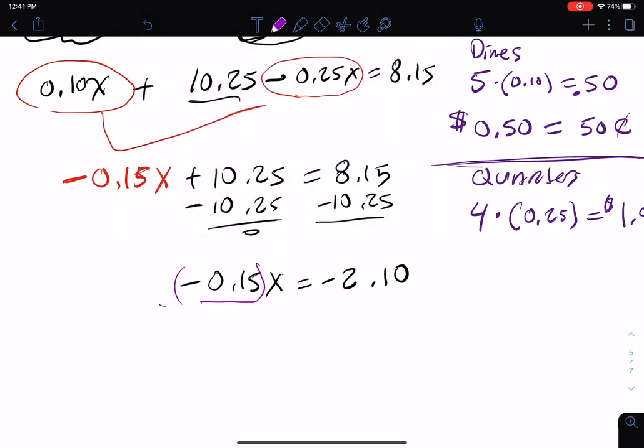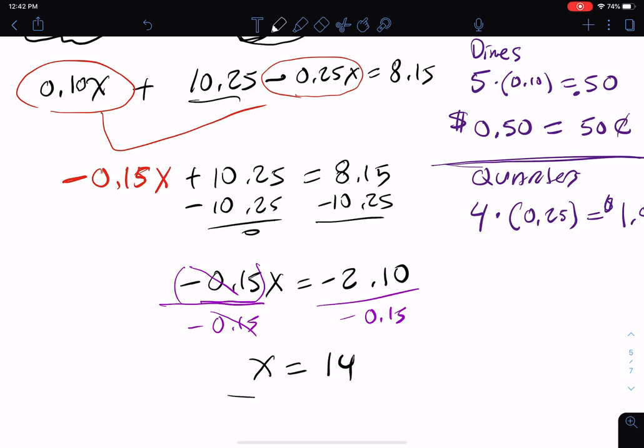So divide both sides by negative 0.15, of course that reduces down to 1x to get our answer. And when we divide negative 2.10 by negative 0.15, we get a nice 14.